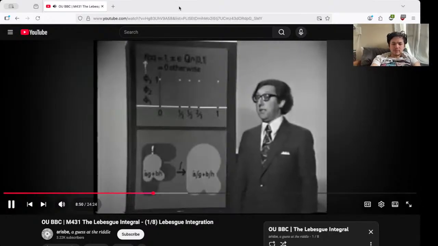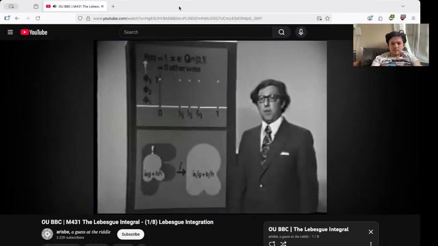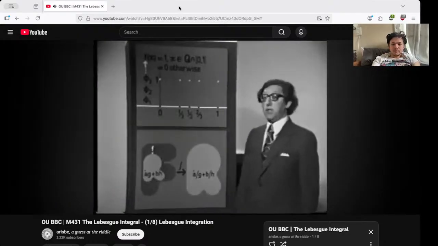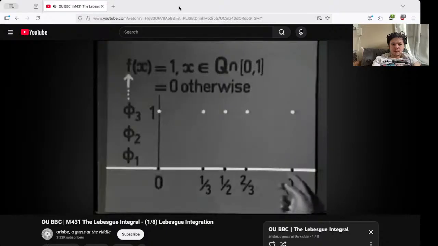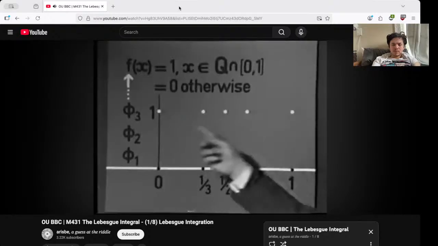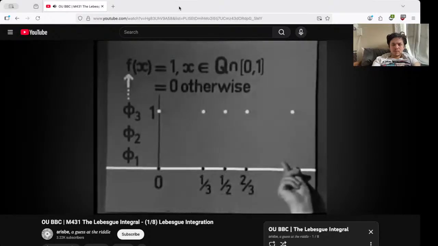And each term in the sequence is Riemann integrable. For example, let me just consider phi 1. That's 0 everywhere except at these 2 points. Well, by the Riemann construction, I've got to look at the contribution to the lower sums and the upper sums. The contribution to the lower sums is always 0. But what about the contribution from these 2 points to the upper sums?